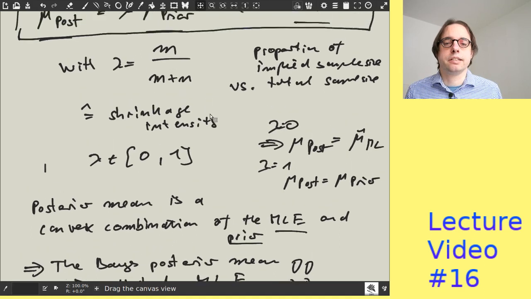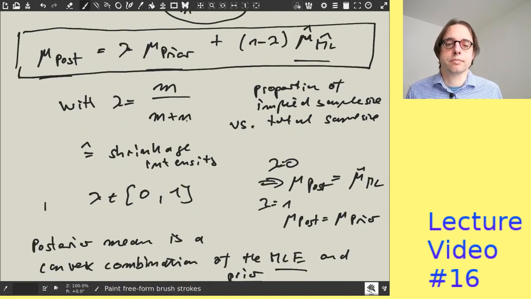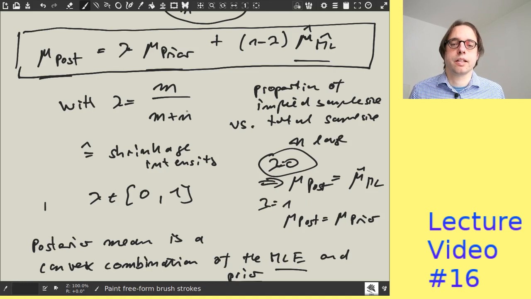And the interesting thing is also, if n is large, then we basically get lambda equals 0, because m can be whatever it will be.